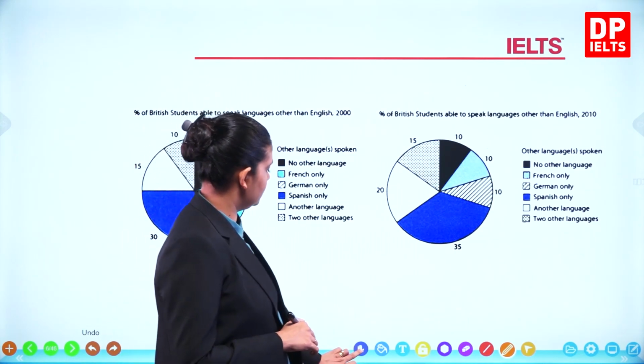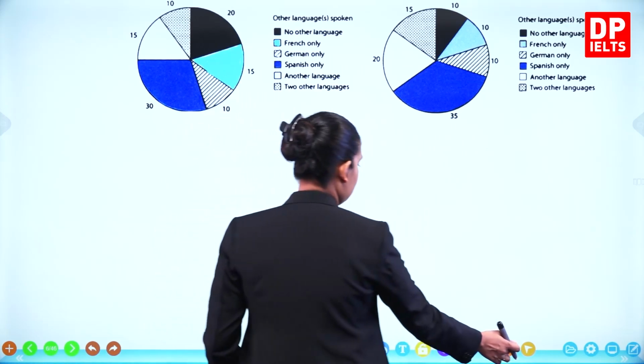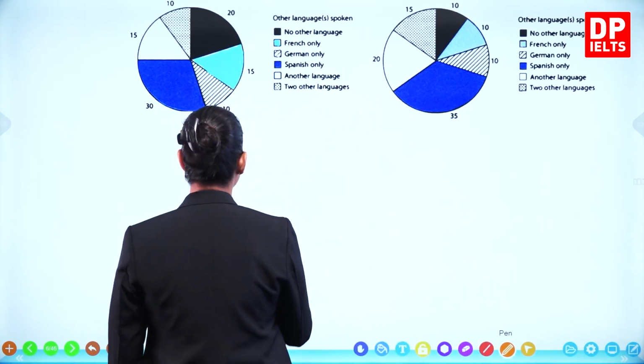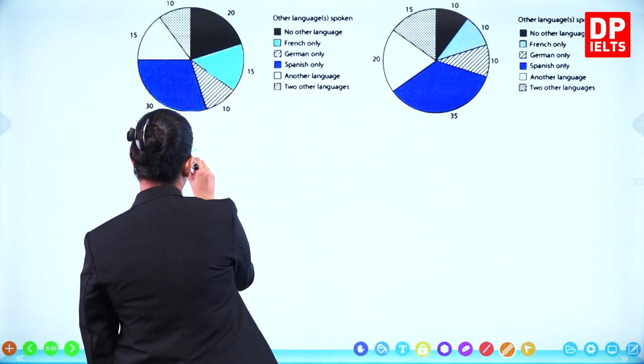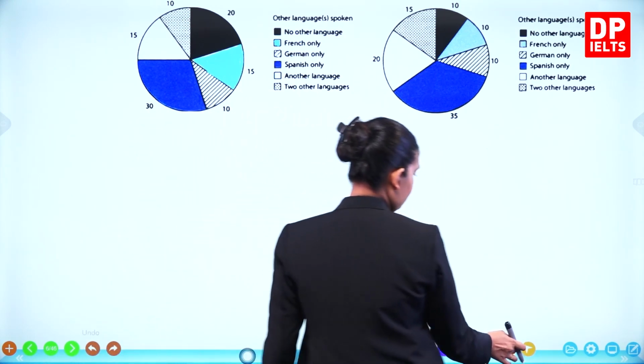Right, so hopefully you've written your answer. Let's have a look at a sample answer together, right? So let's start off. Let me just change the color, that would be too light.